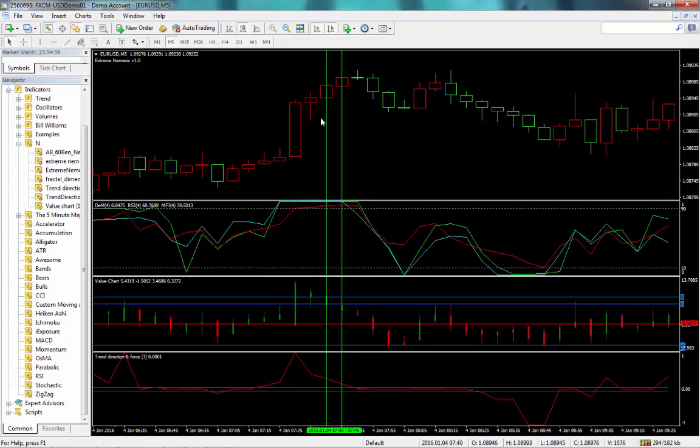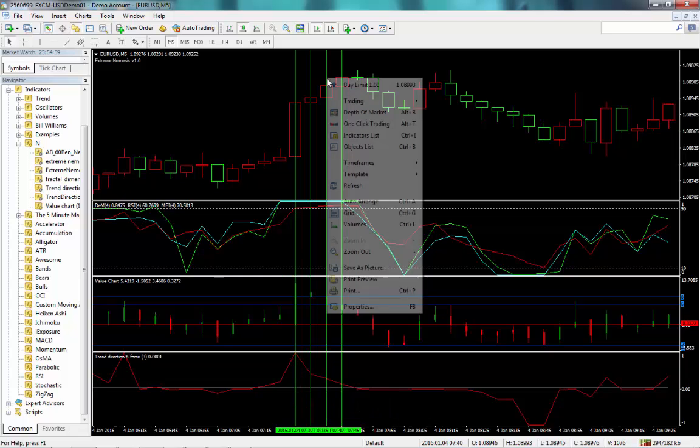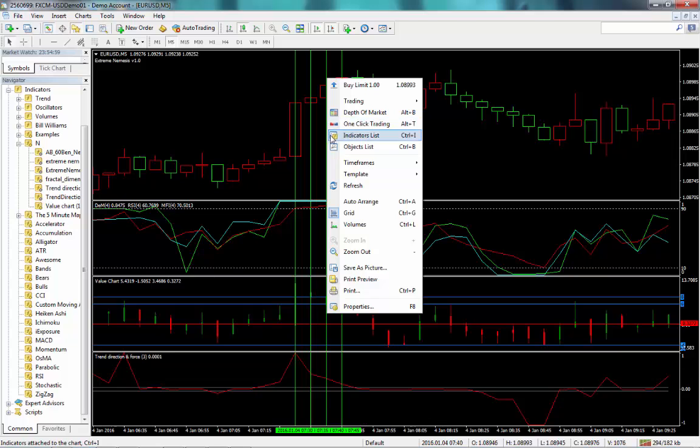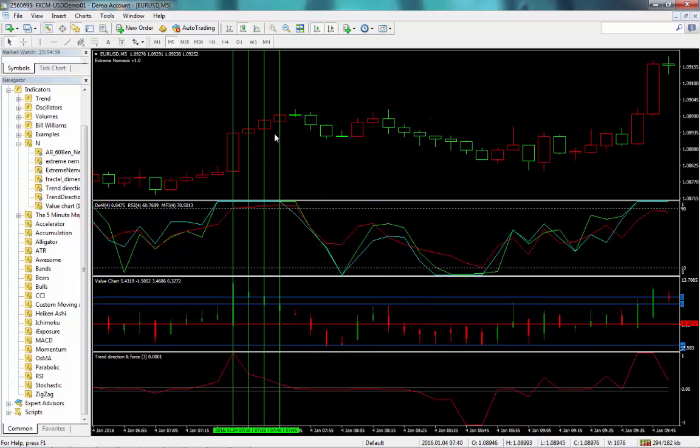Oh wow, this is a really losing one. If you notice this one, technically we're supposed to enter in here. Actually, did the indicator do that? Anyway, I'm going to look at that later.